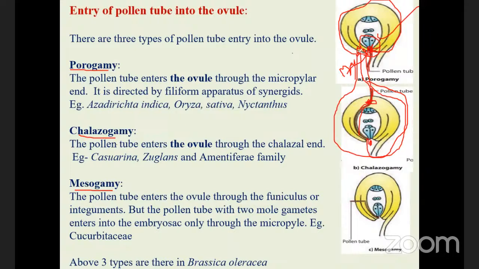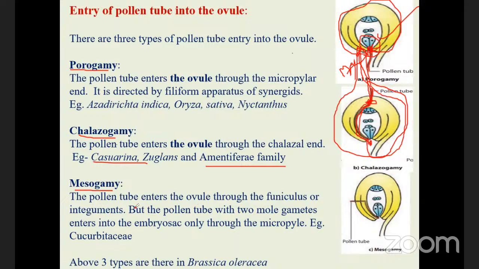If the pollen tube reaches through the chalaza part, we call it chalazogamy. This chalazogamy was identified in Casuarina and the Amentiferae family. Okay, this is the second type of fertilization, the reaching of the pollen toward the ovule.